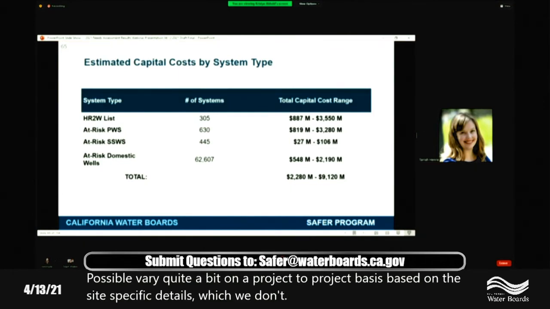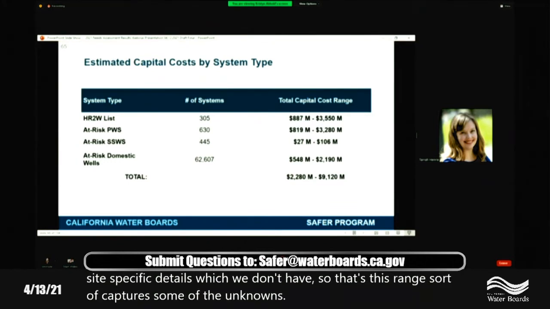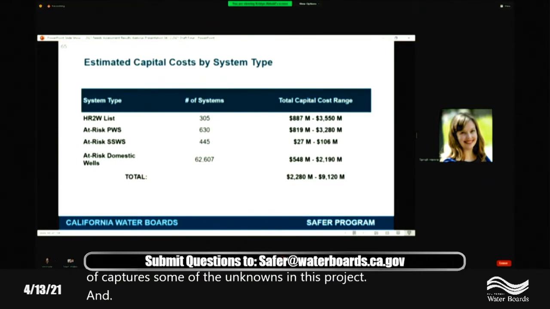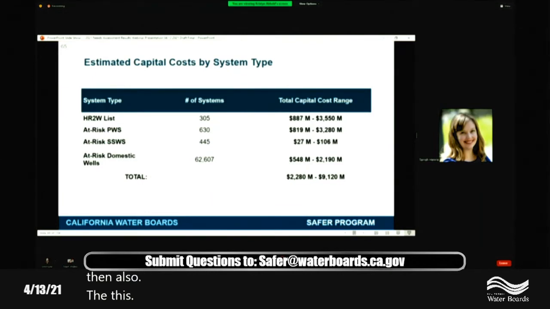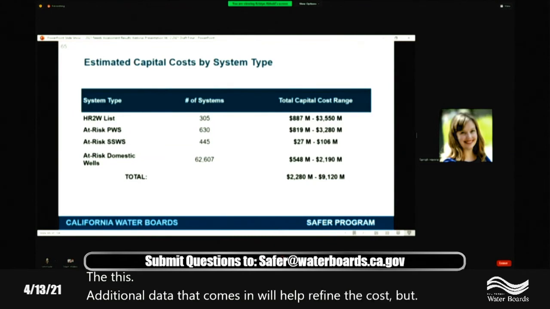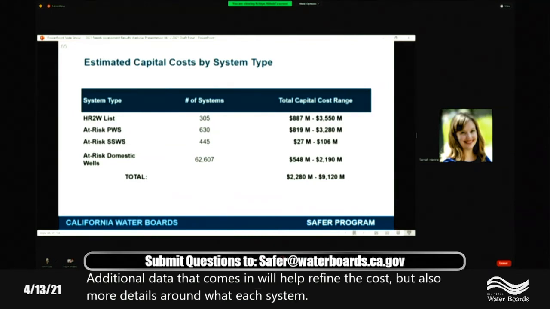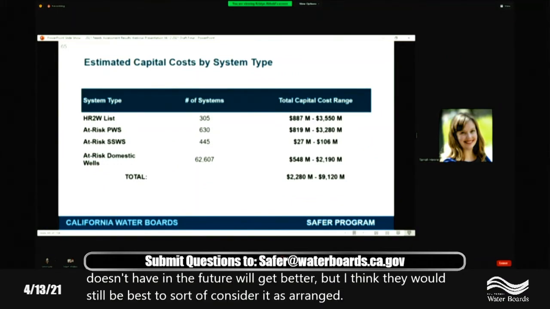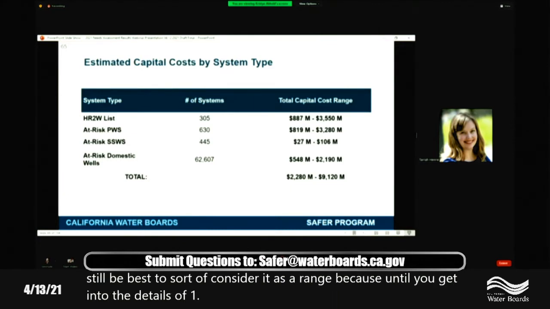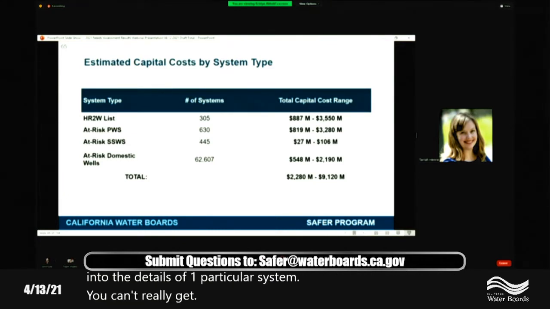So this range captures some of the unknowns, and hopefully in the future these numbers will get refined. Additional data that comes in will help refine the cost, along with more details about what each system has and doesn't have. But it's still best to consider it as a range, because until you get into the details of one particular system, you can't get too detailed in a cost estimate.